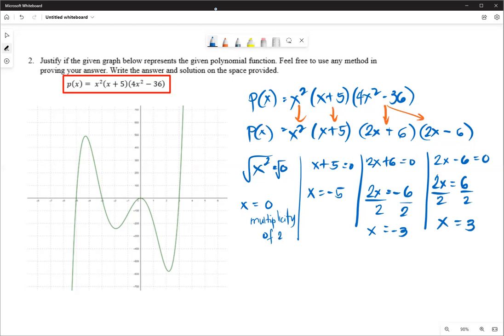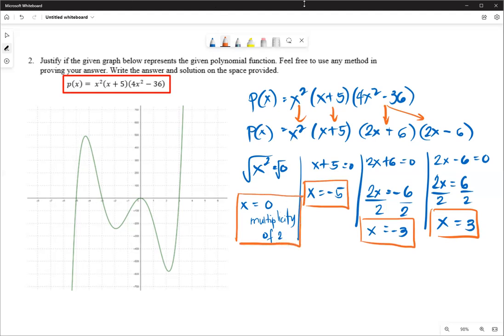There you have it, the four zeros of the given polynomial function. So we have x is equal to 3, x is equal to -3, x is equal to -5, and x is equal to 0 with the multiplicity of 2. Let's check and verify it in the given graph.